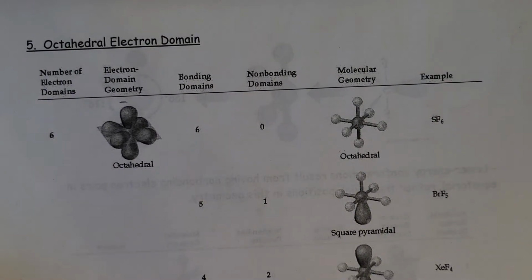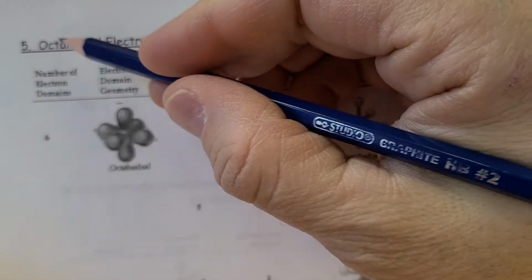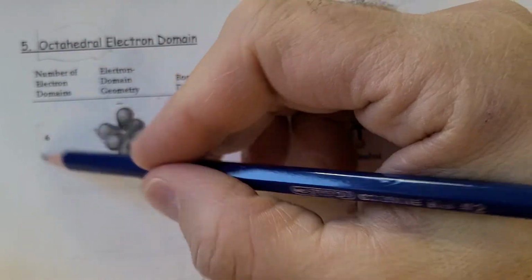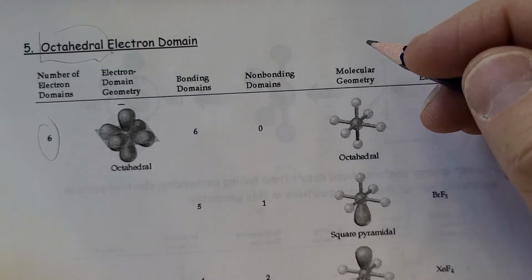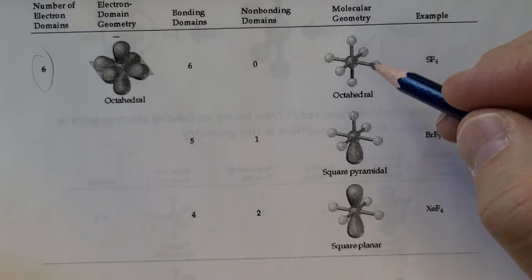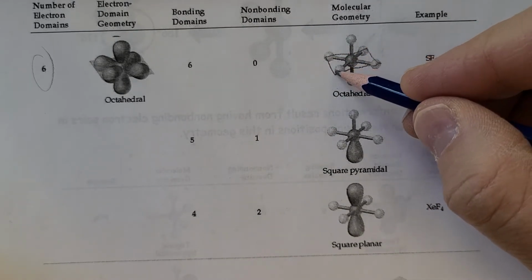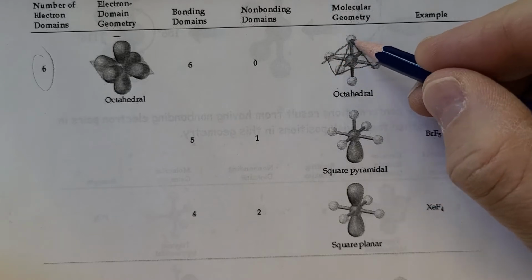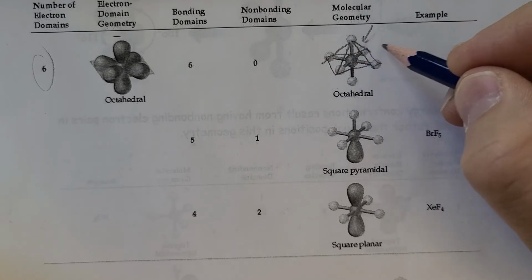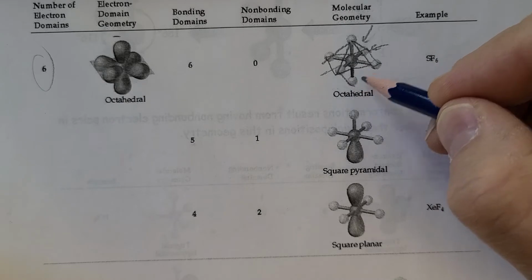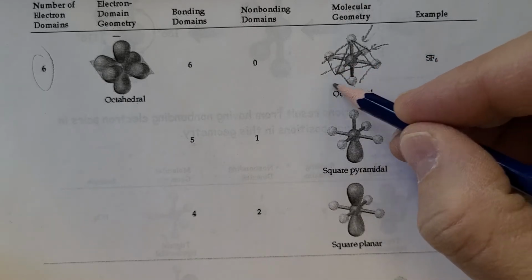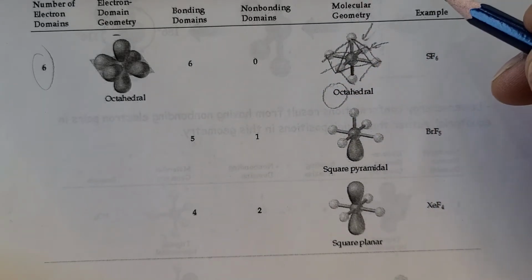And moving on to the last one, octahedral. It may seem weird to call it octahedral when there's 6 electron domains, but you'll see here in a second why it is so. So we have a square region here, and a face here, a face here, a face here, and a face here. So there's 4 faces, and then 4 faces multiplied by 2 give us that 8 for octahedral.